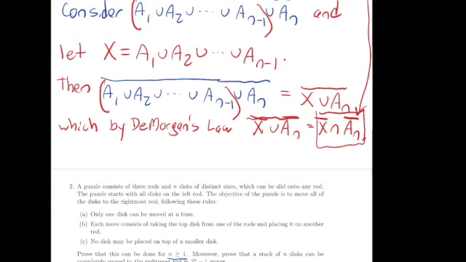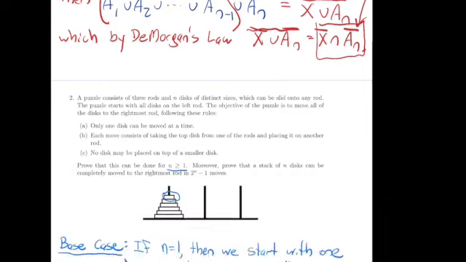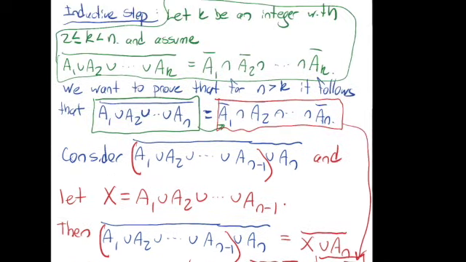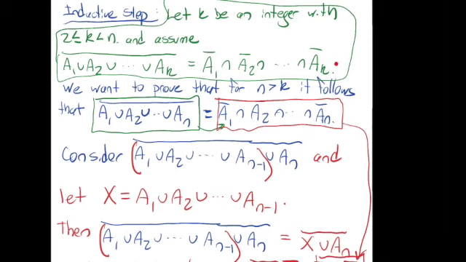Since I know if this is X over here, then I know how to find the complement of this because we've assumed that it's true. Here we go. We assumed it's true for values of k less than n. So n minus 1 is less than n.